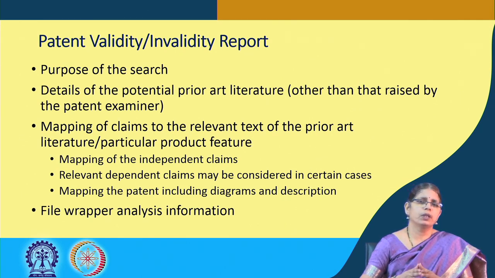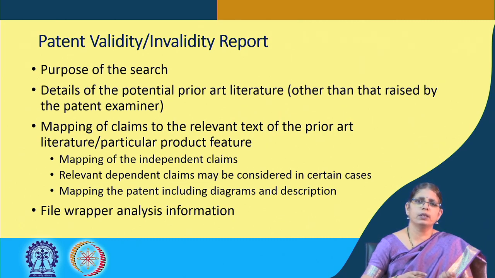The third important thing we need to look at when the report is prepared is the section where the discussion happens in relation to the claim mapping to the prior art mapping. The claim to prior art mapping starts with the explanation taking up one claim at a time. So, you need to mention the claim number, particularly the independent claim.